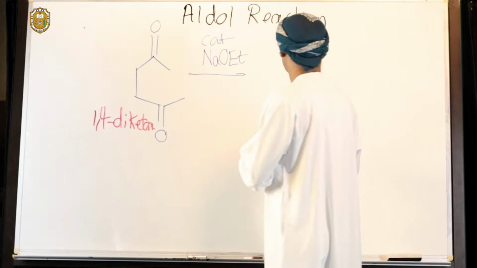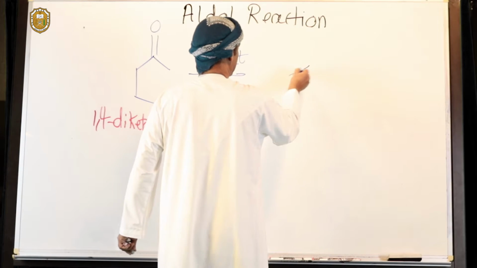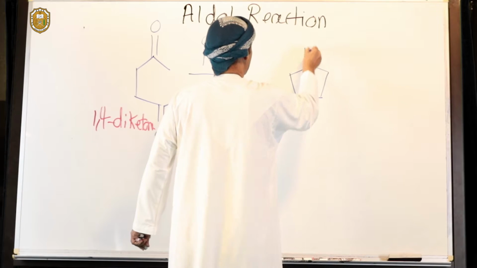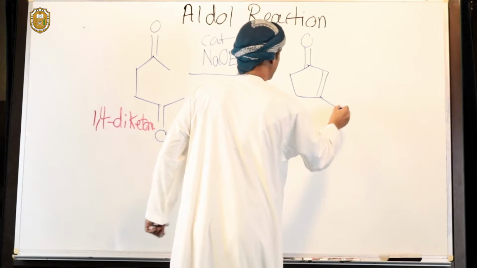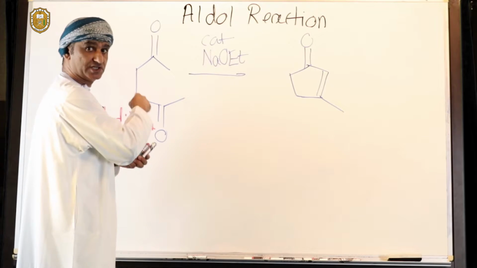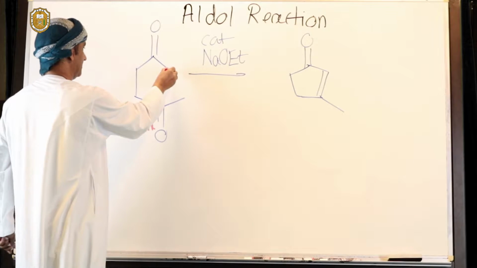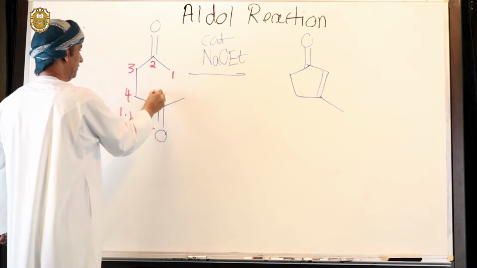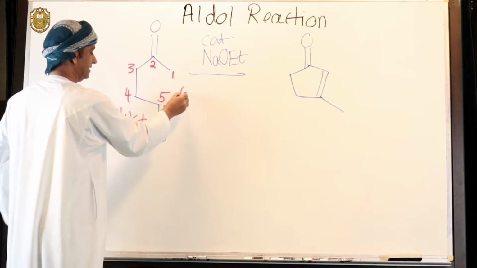So the product that's obtained is actually this. It's an alpha beta unsaturated carbonyl compound. We can actually number these carbon atoms like this: 1, 2, 3, 4, 5, 6.